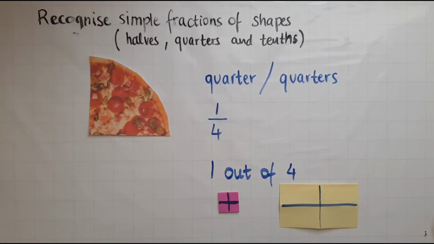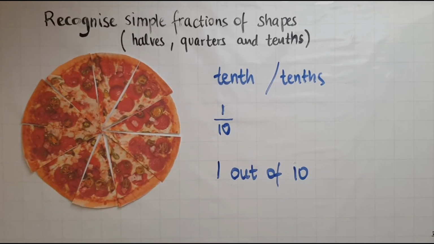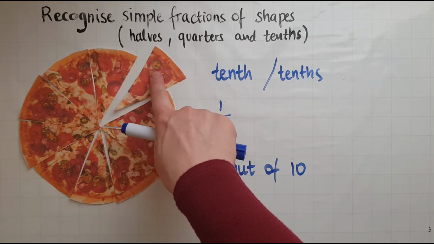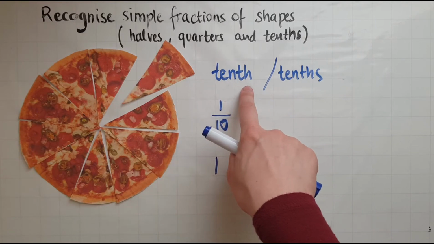We'll now look at tenths. Again, I have another pizza which has been split into 10 equal parts, 10 equal slices. So I've got 1, 2, 3, 4, 5, 6, 7, 8, 9, 10 equal slices. Each of these slices is called a tenth.